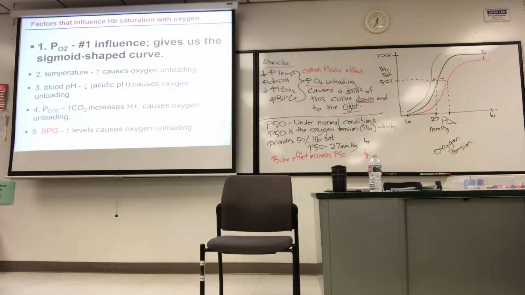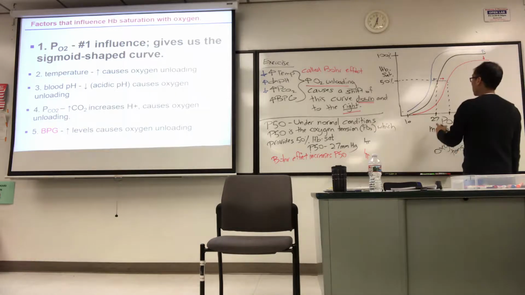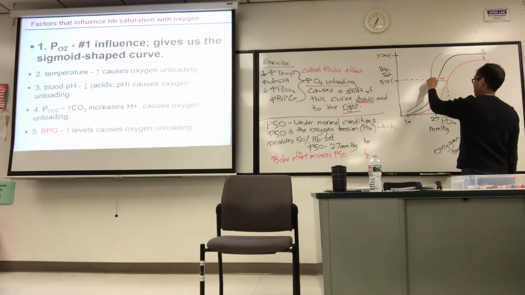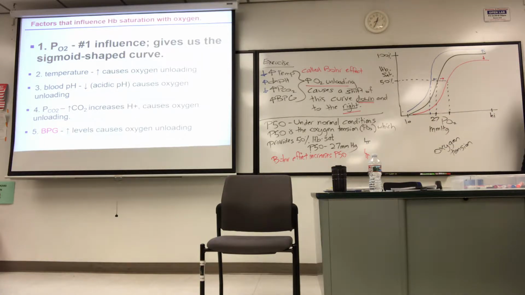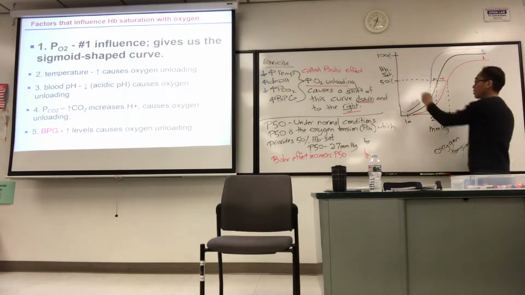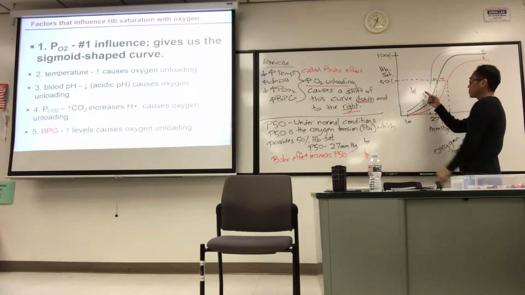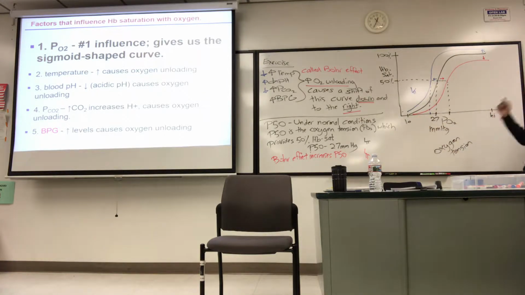So what does that mean in our chair analogy? It looks like the oxygen tension which would provide 50% saturation, what would happen to P50? Decreases. It takes less oxygen to saturate if you shift the other way. That means it's like you're sitting in a chair like that, and when you slide in, it's hard to get out because you're stuck in there. You could pop out of there, but it's hard to unload if you shift the curve the other way.